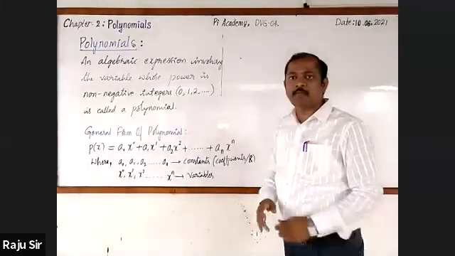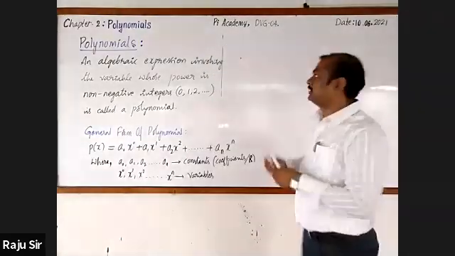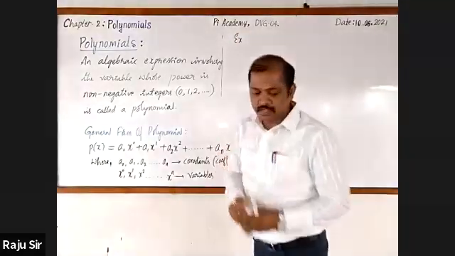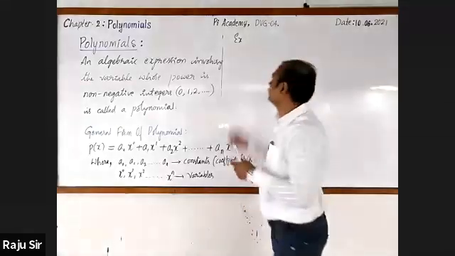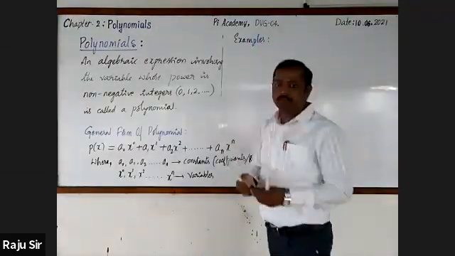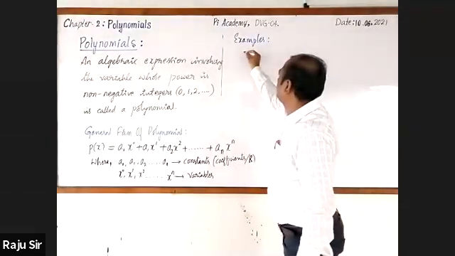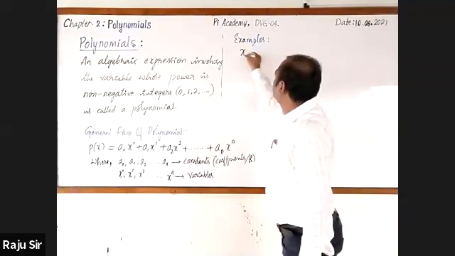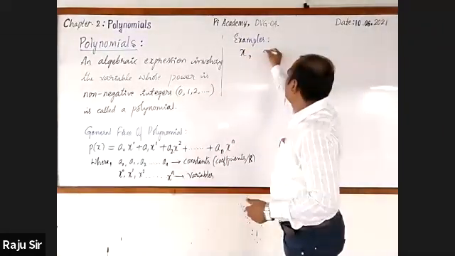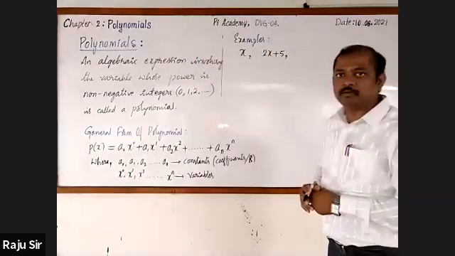This is general form of polynomial. Now let me go for taking examples for polynomials. Here I write: x is a polynomial. 2x plus 5 is a polynomial.